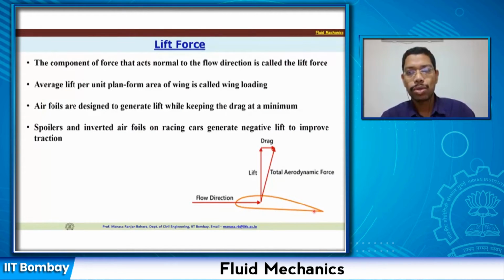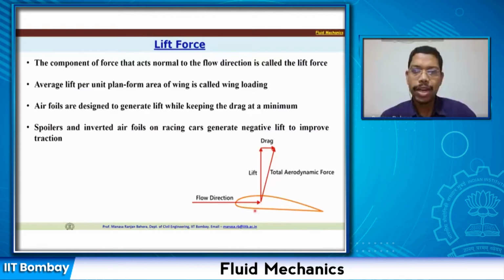If you look at the inverted airfoil on racing cars, you see this airfoil which has a cambered shape. You see a convex shape on the top and a slightly concave or flatter shape on the bottom.